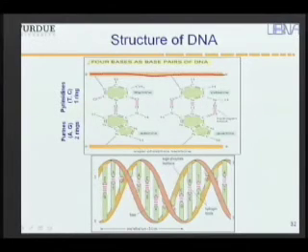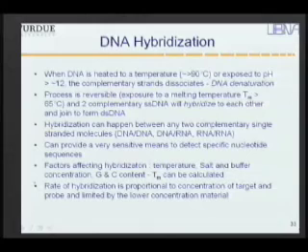Some other properties about DNA are very useful to know. DNA hybridization is a process where the 2 strands come together and bind. If you take a double-stranded DNA and heat it to a temperature above 90 degrees C or expose it to very high pH, then the complementary strands can dissociate, and that process is called denaturation. Essentially you break the hydrogen bonds between the bases.